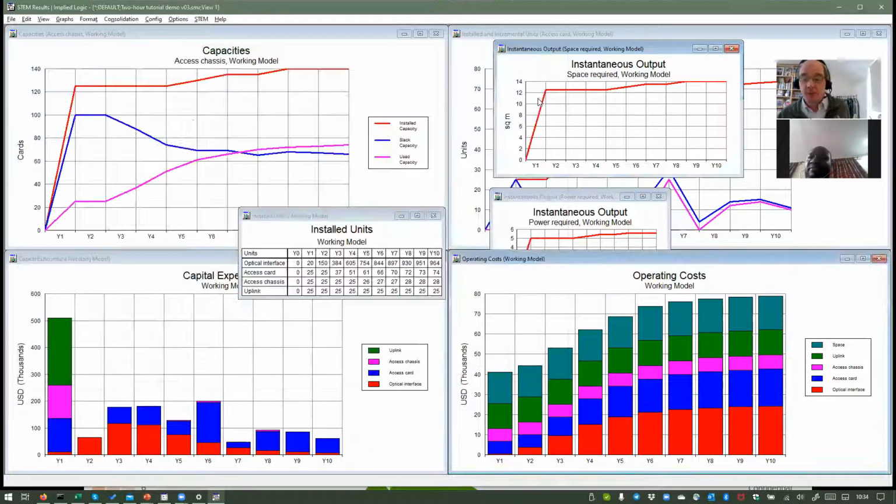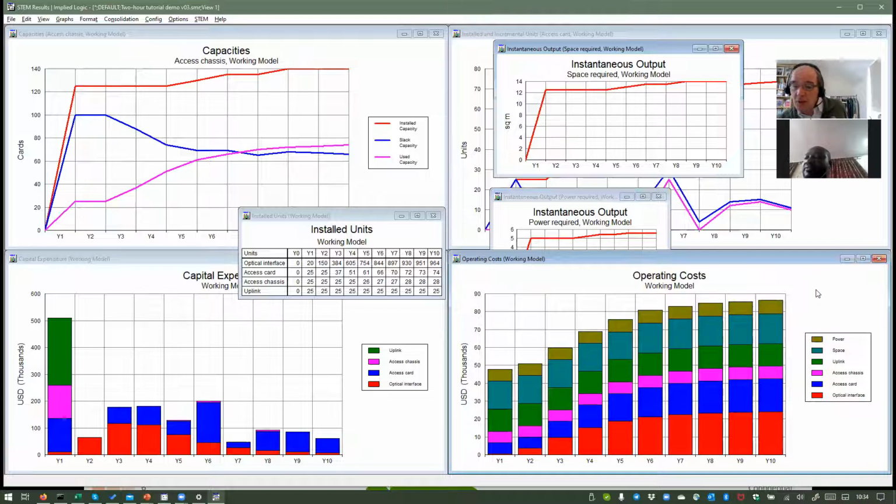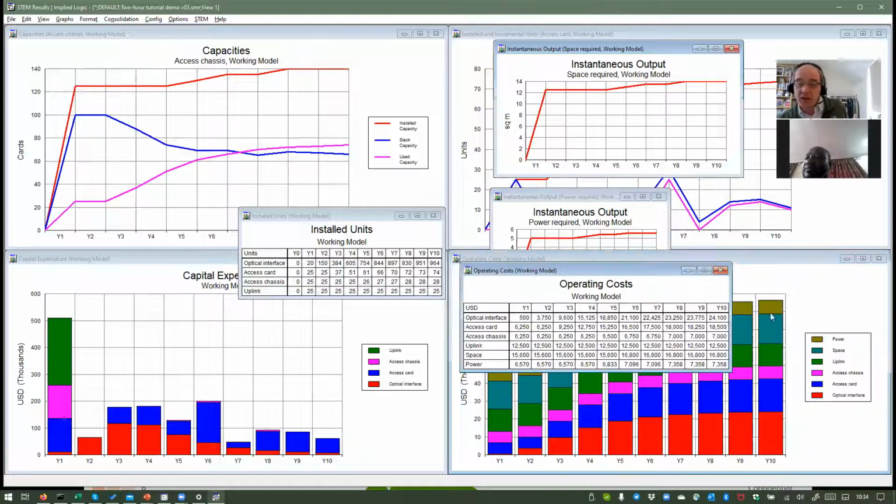Okay, let's look. Basically, here's my power cost, and it's stuck as a table. So my power cost, I wasn't far off, 7,358 at the end. You can see why I don't remember it. It's a totally unmemorable number. But basically, all STEM is doing is saying, I've got a number of chassis. They have a power requirement, which is 200 watts each.